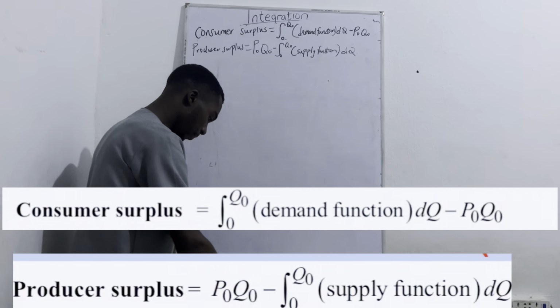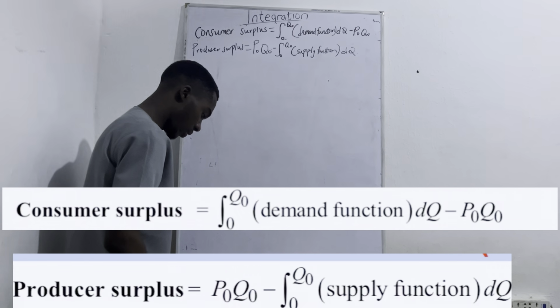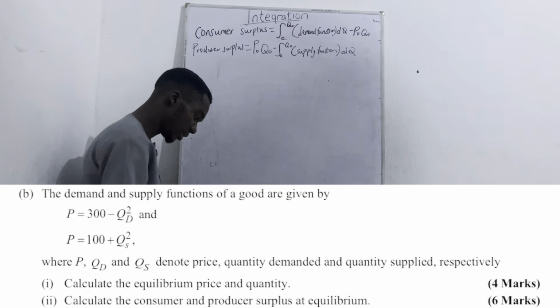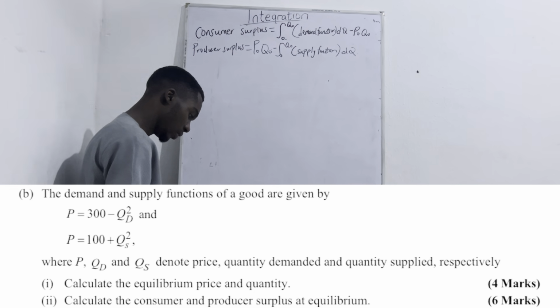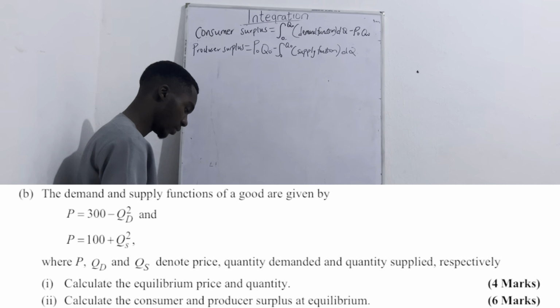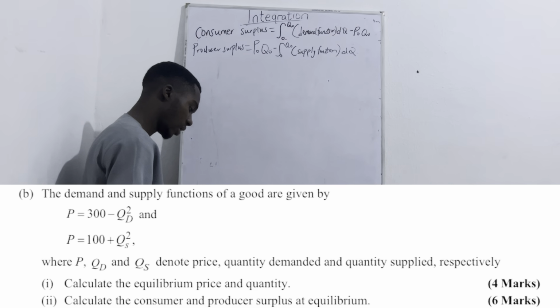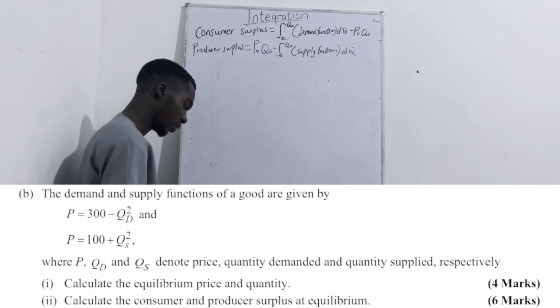So the question says, the demand and supply functions of a good are given by P is equal to 300 minus QD squared and P is equal to 100 plus QS squared, where P, QD, and QS denote price, quantity demanded, and quantity supplied respectively. I. Calculate the equilibrium price and quantity. II. Calculate the consumer and producer surplus.